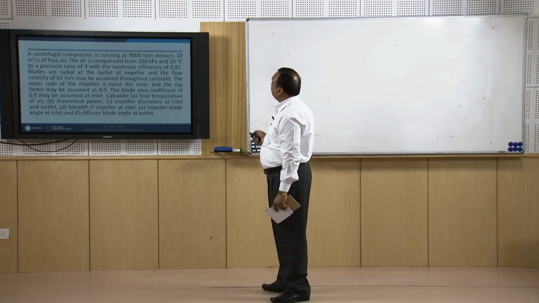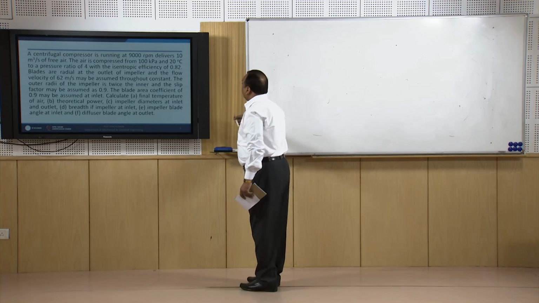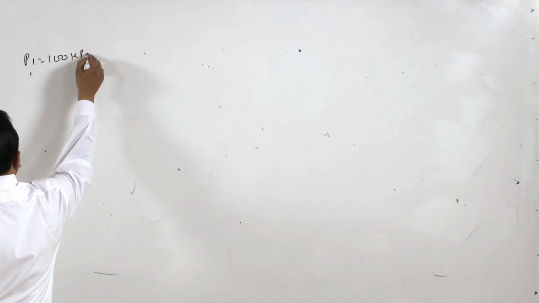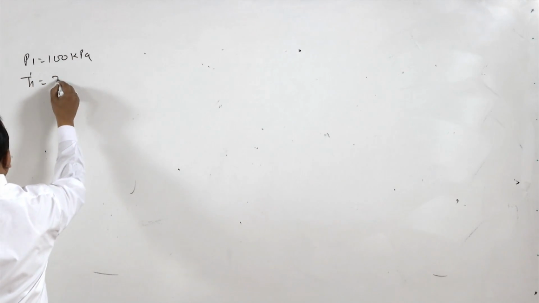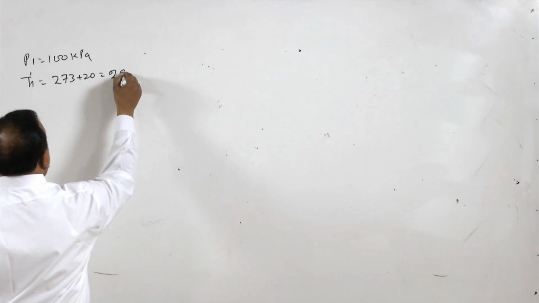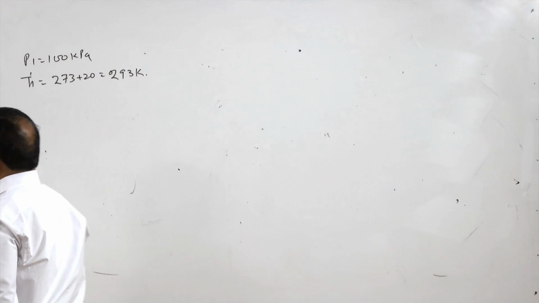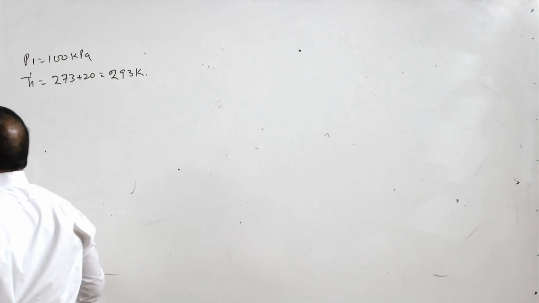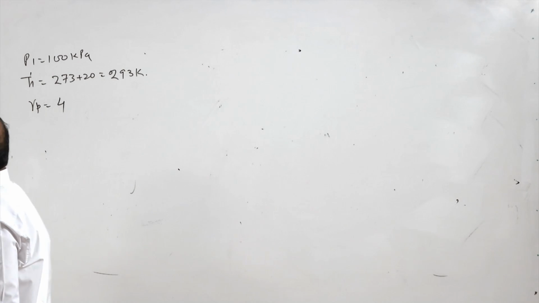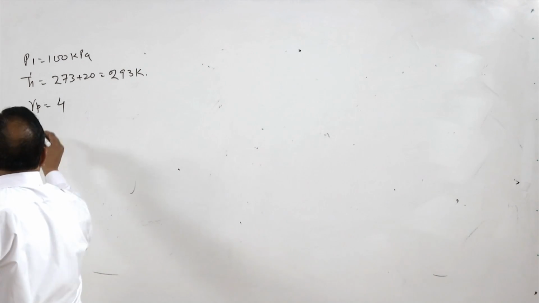The air is compressed from 100 kilopascal and 20 degrees centigrade. So, let us take P1 is equal to 100 kilopascal, T1 is 273 plus 20, 293 Kelvin, to the pressure ratio of 4. So, our pressure ratio is 4 with the isentropic efficiency 0.82.